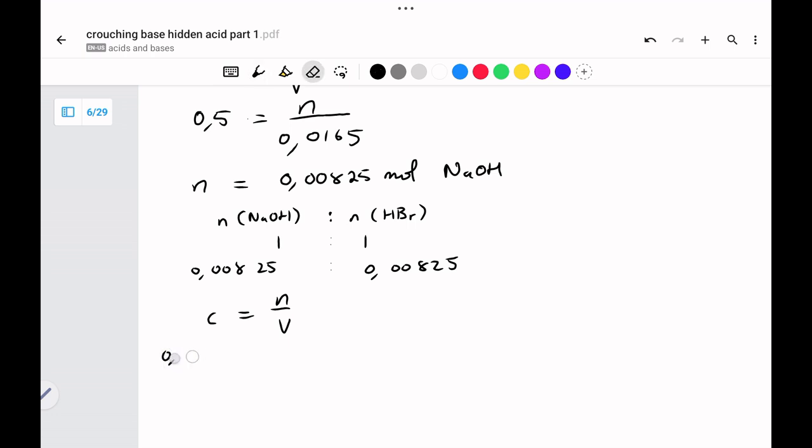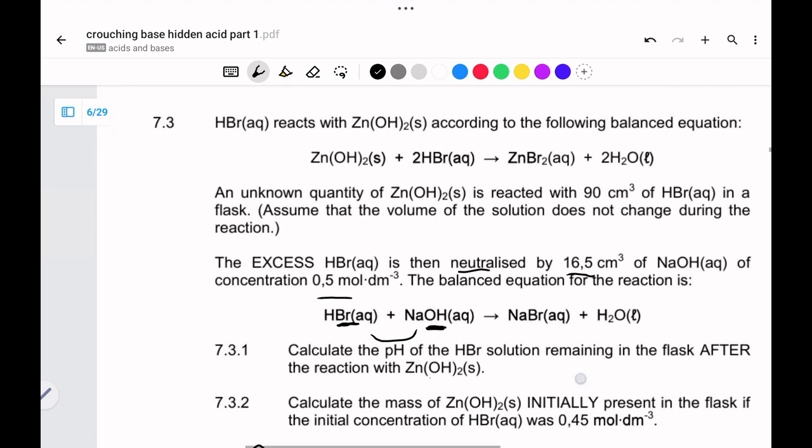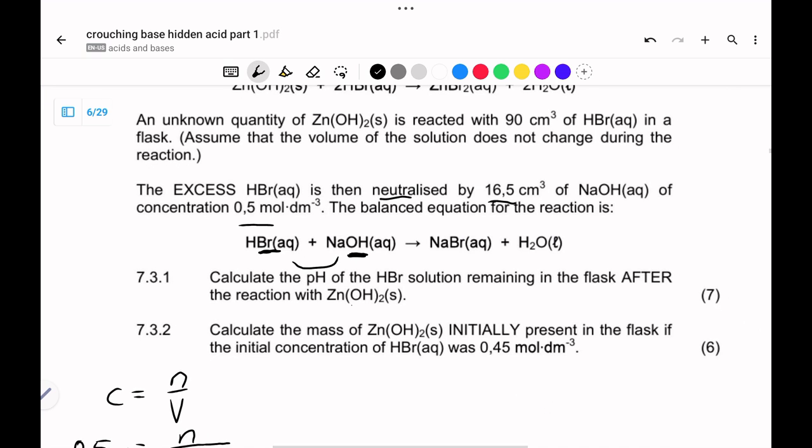That's not what I meant to write. What volume? The pH of the HBr solution remaining in the flask after the reaction, right?